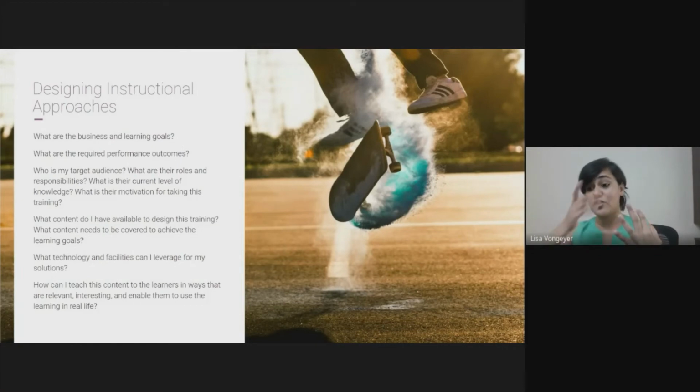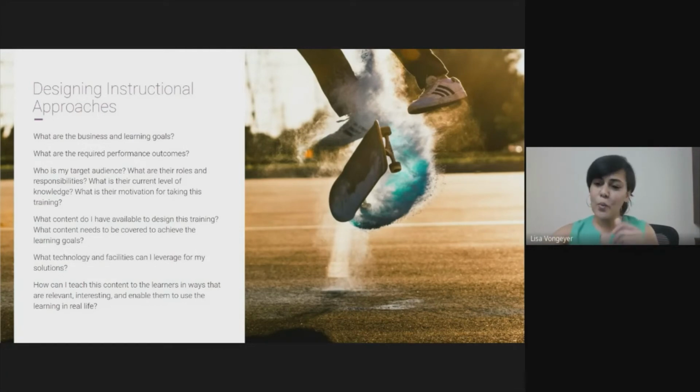What is your technology? Who is your audience? What is the content that's available to you? What are the outcomes you need to achieve? What do people need to do differently at the end of the training? Then you're coming up with overall solutions to see what you can get to.